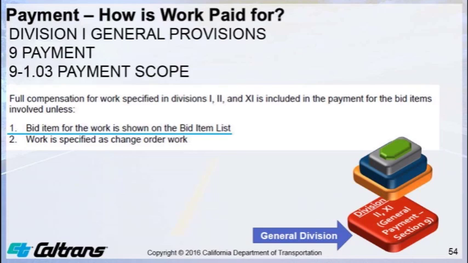First, the bid item for the work is shown on the bid item list, or second, the work is specified as change order work.